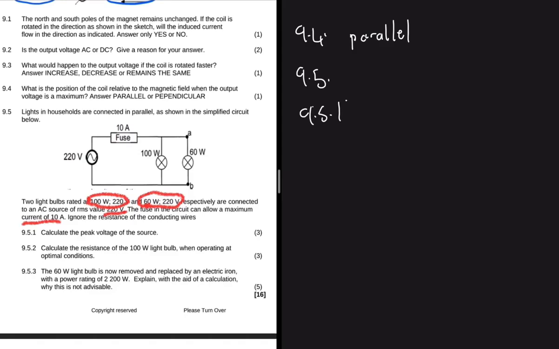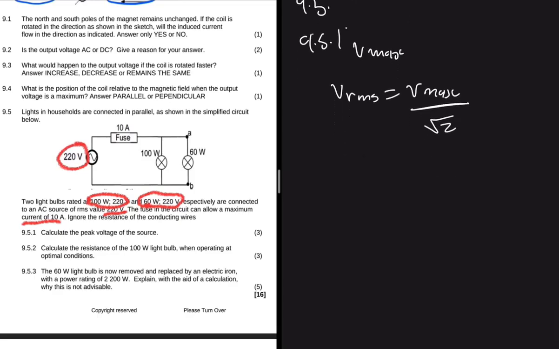So what is the peak voltage of the source? Peak voltage of the source is V max, right? And then this 220 volts that we have here is our VRMS, root mean square voltage. So we're gonna have VRMS equals V max divided by square root of 2.